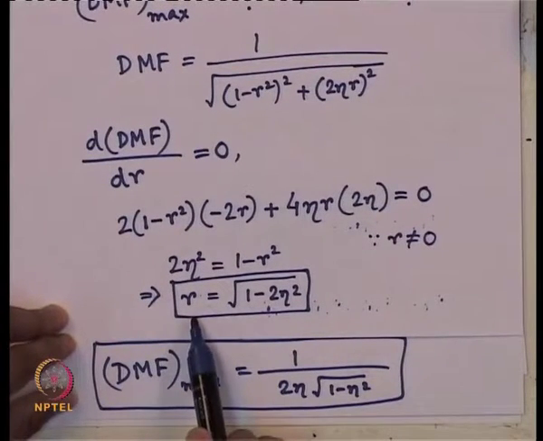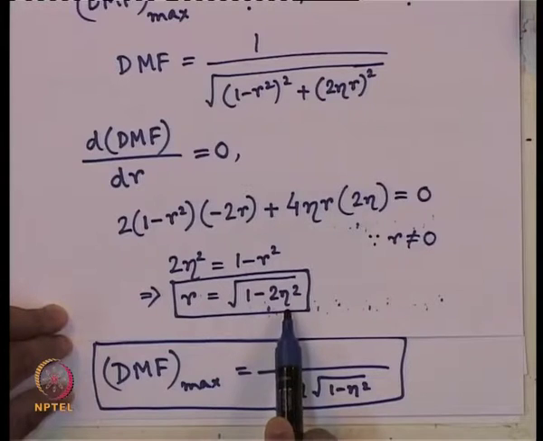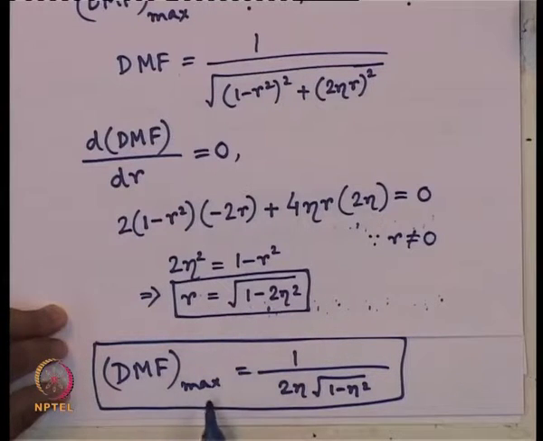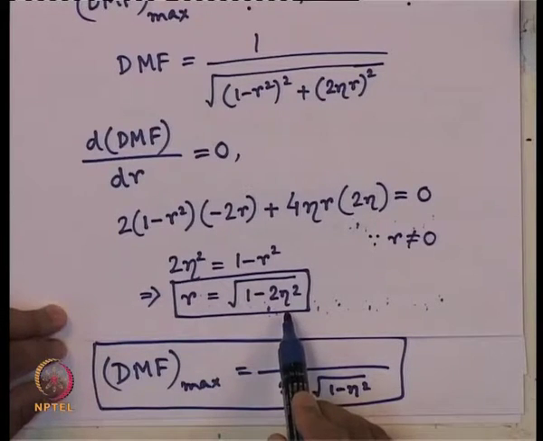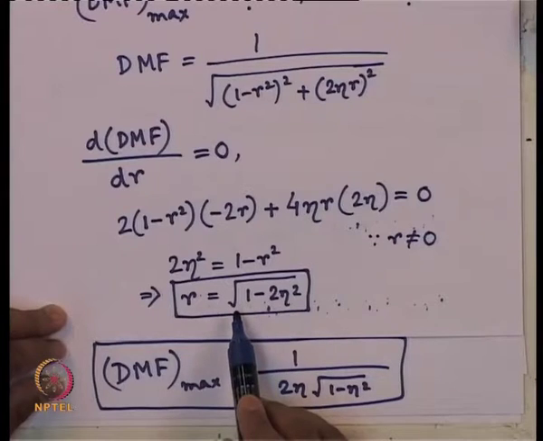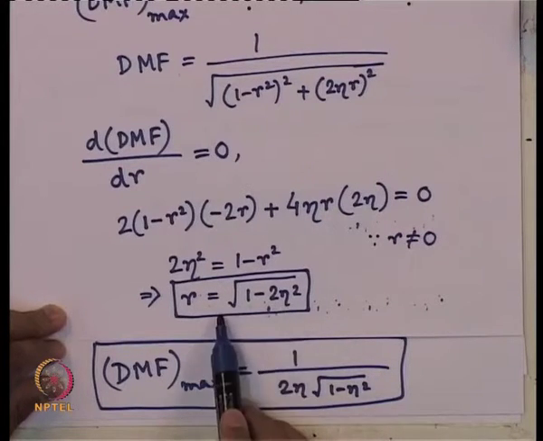Where the maximum occurs for the undamped case, that is eta equals 0 at r equals 1, which we have seen in our plot. That is, it becomes infinity at r equals 1. But when eta is non-zero, the maximum is not at r equals 1, but at a slightly lower value of r.